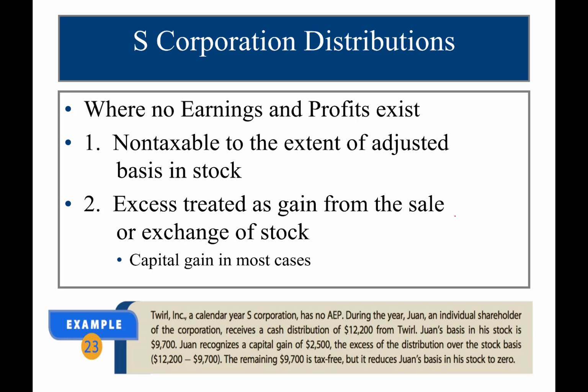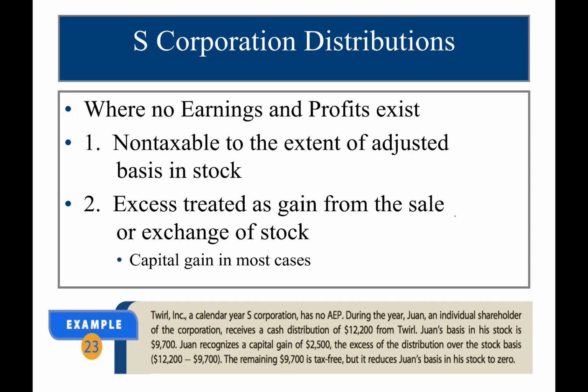If we brought in property, it was his basis of whatever the property was, etc. We talked about the rules being like they are for partnerships, or I should say C corporations, when we make an investment into the corporation. Okay, so that was his basis, $9,700. And so there's going to be what?